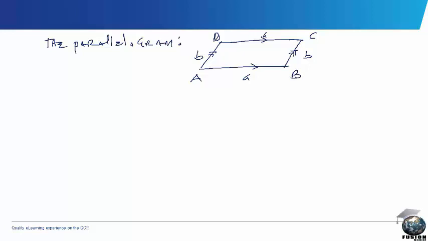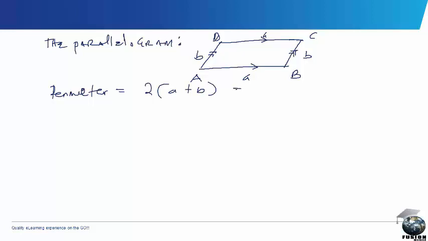You see they have similar properties, hence the perimeter of a parallelogram will look similar to that of a rectangle. Perimeter here is given as 2(a plus b).